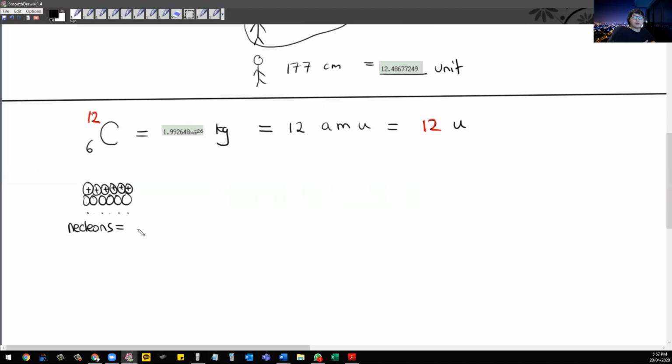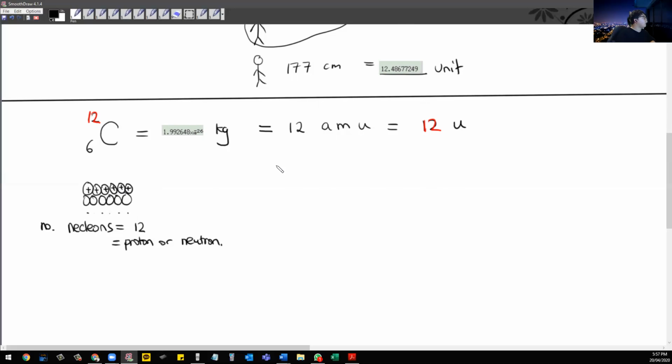Protons and neutrons, right? So the number of nucleons is simply 12. A nucleon is either a proton or a neutron. Make sense? So there are 12 nucleons, and the electrons you can just ignore because they're too light, right?